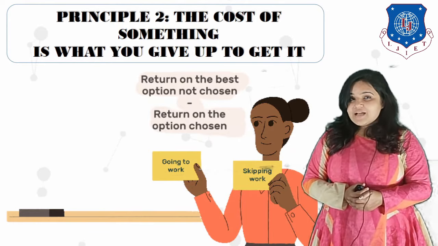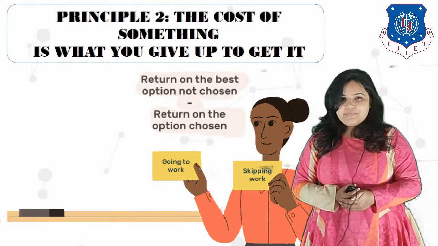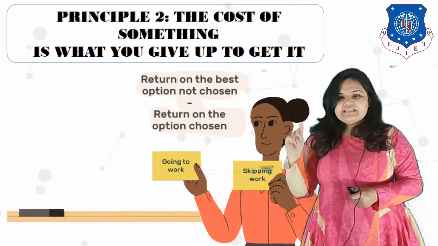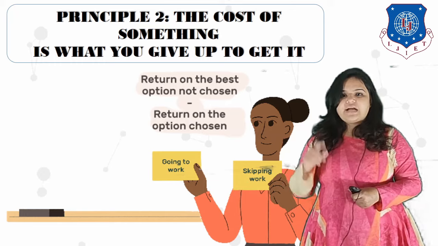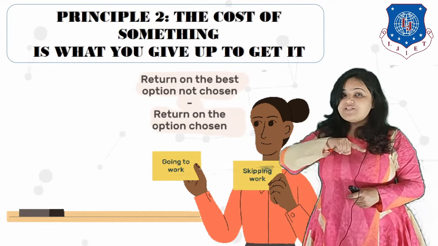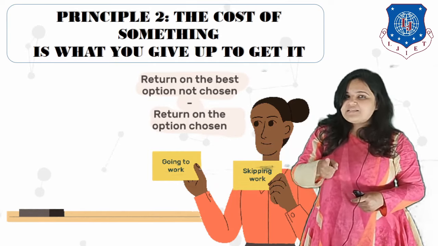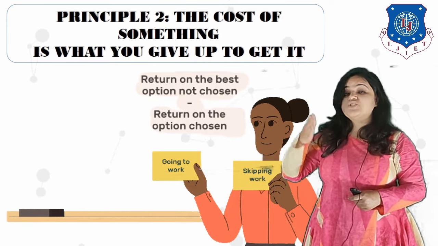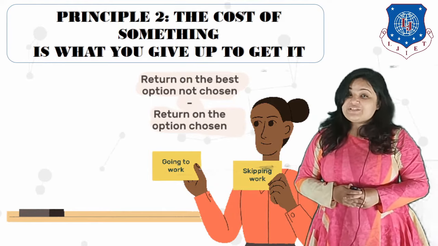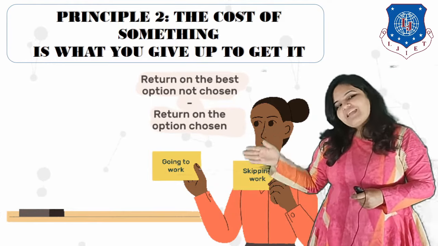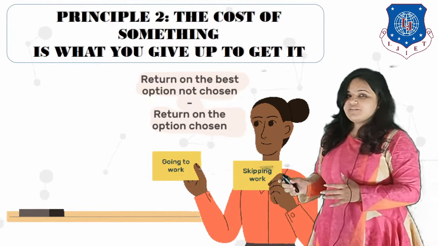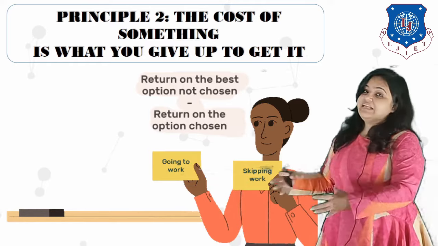But what is the cost of the Dubai trip for her? For everyone else, the cost of the Dubai trip is say 2 lakh rupees. But for Mansi, the cost of the Dubai trip is 2 lakh rupees plus 20,000 rupees which she will let go by letting go of the internship. So, she has to incur an additional cost of 20,000 rupees and for her the Dubai trip will cost 2,20,000 rupees.